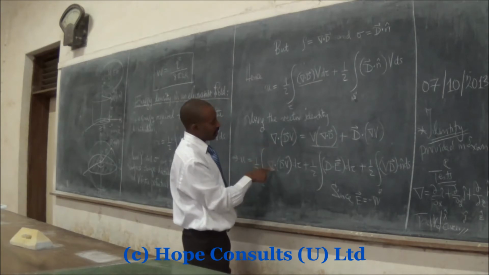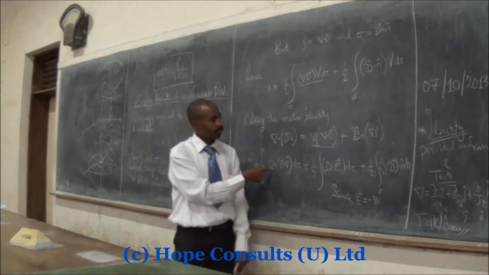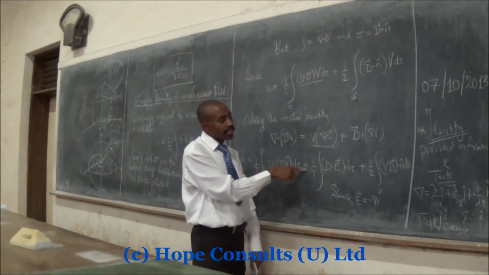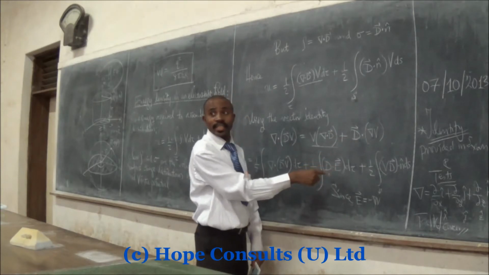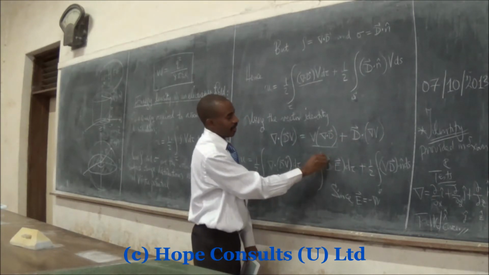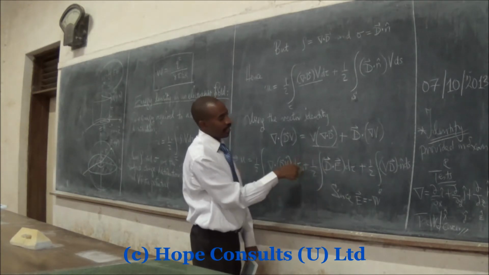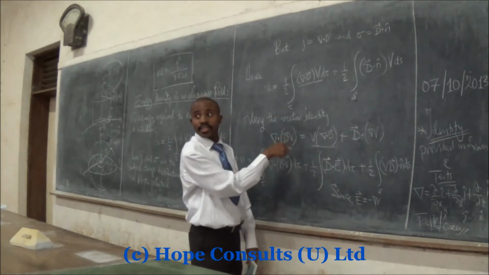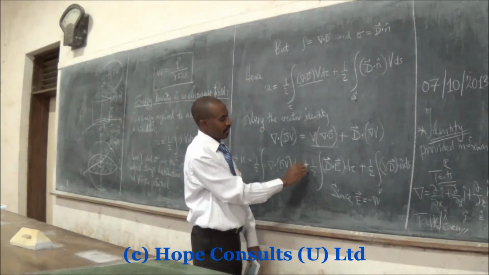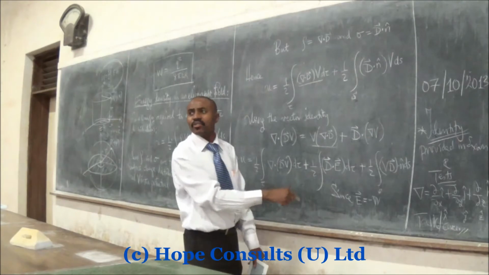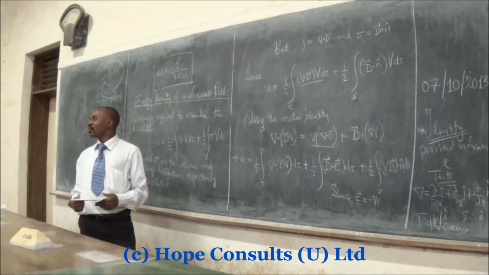So I have the divergence of DV here, and then I subtract D dot grad V, but grad V is minus E. That minus E comes here, which should have been a minus, and becomes a plus. I'm just jumping some steps to make it complicated, so that you have some work to do.